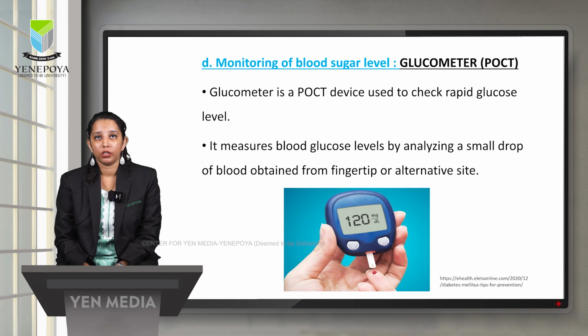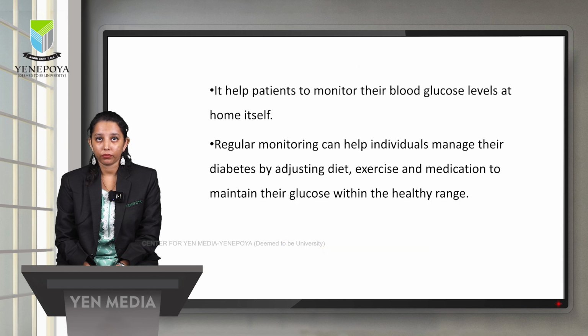Monitoring of the blood sugar level is very important, and everyday monitoring is required. The glucometer is a point of care testing device used to check glucose level rapidly. It measures blood glucose level by analyzing a small drop of blood obtained from the fingertip or an alternative site.